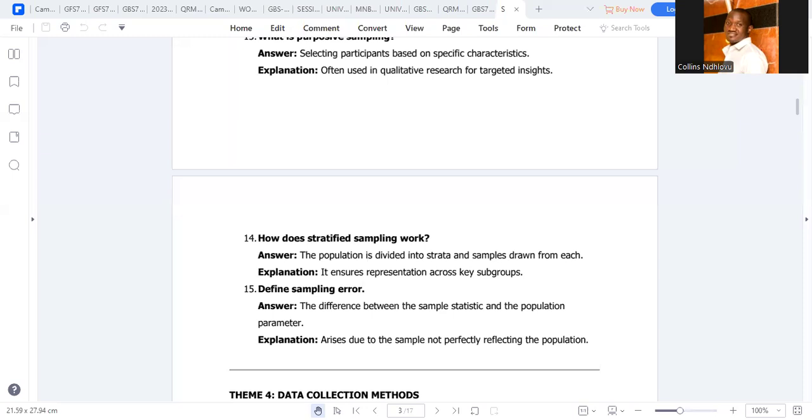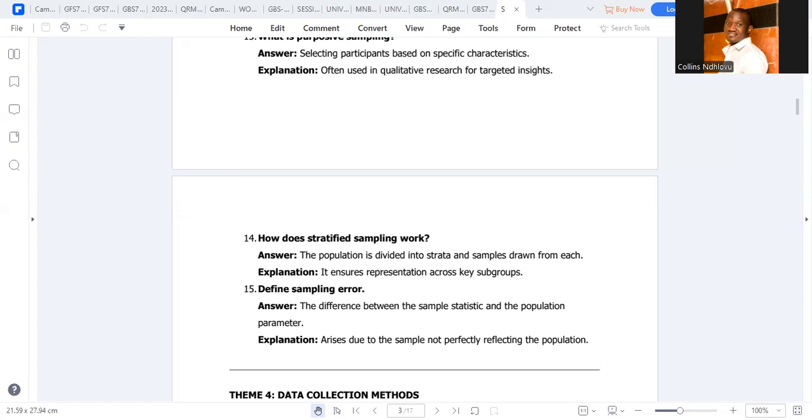Recall bias. This happens when participants don't remember. They're trying to investigate, but they just can't remember. Recall bias. Okay, social desirability bias is what happens when participants respond in a way they believe is socially acceptable.